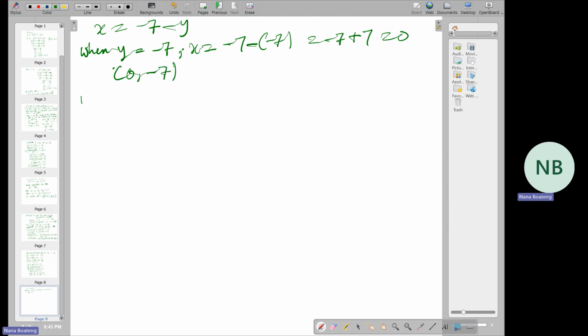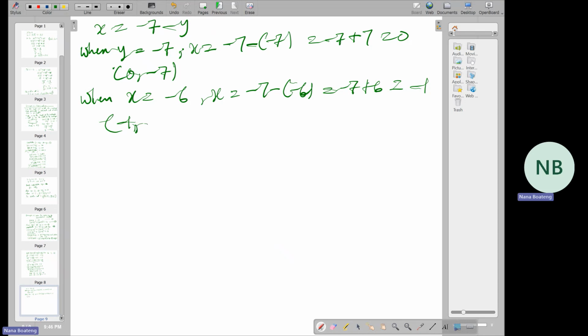When y is equal to negative 6, we have x is equal to negative 7 minus negative 6. So this becomes negative 7 plus 6, which is negative 1. So we have the ordered pair negative 1 and negative 6.